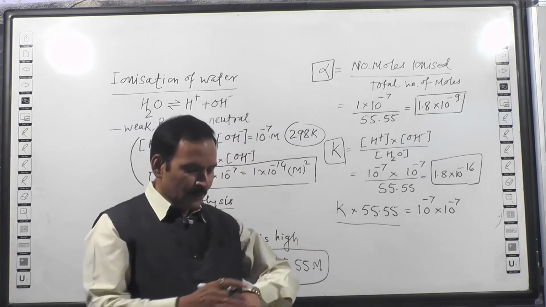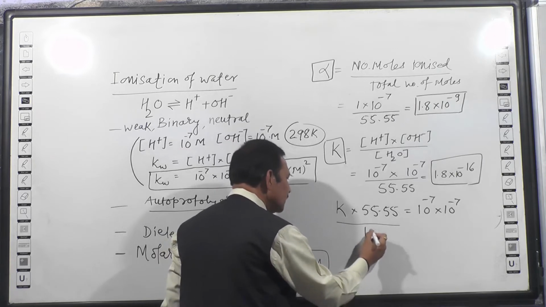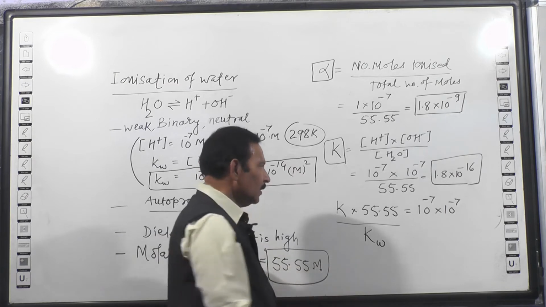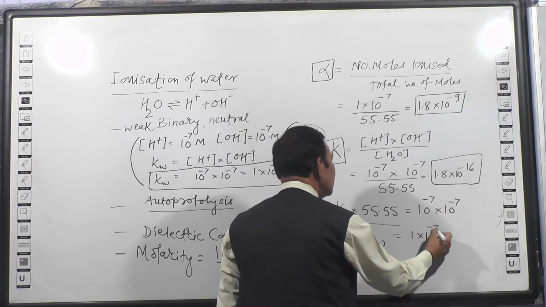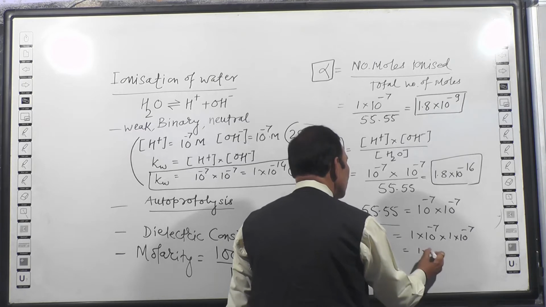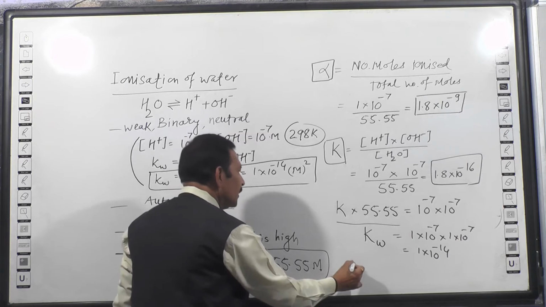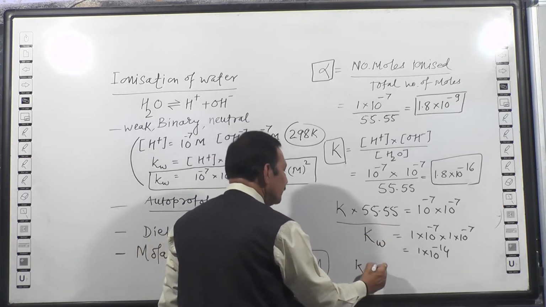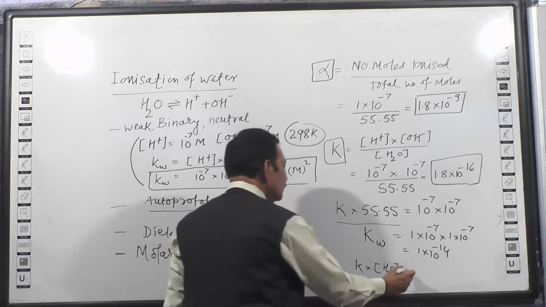Product of two constants is a third constant, and therefore that third constant is denoted by the symbol K with suffix small w for water, and therefore Kw is equal to 1 into 10 to the power minus 7 into 1 into 10 to the power minus 7, that is equal to 1 into 10 to the power minus 14. So what relation are we getting from this? K multiplied by 55.55, which is the concentration of water at equilibrium stage, is equal to Kw.